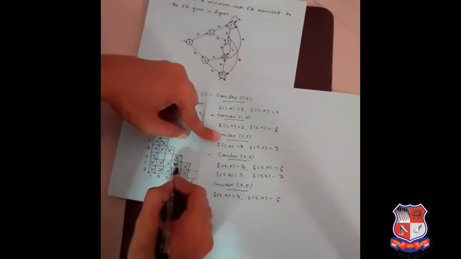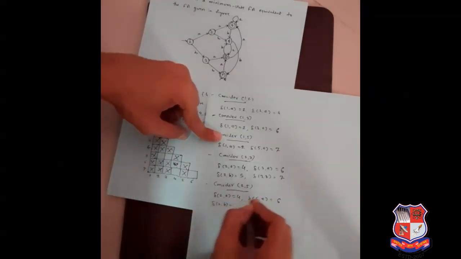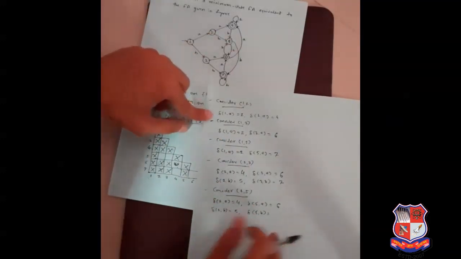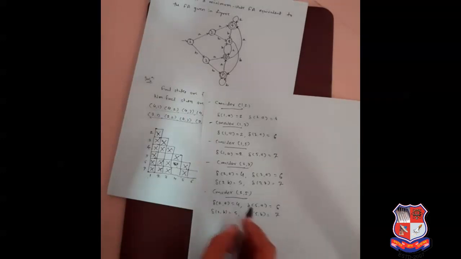This pair is unmarked, so we can move towards the B transition. Delta of 2 to B and delta of 5 to B: 2 to B is 5 and 5 to B is 7. So here 5 7. 5 7 is already crossed, so we can cross this 2 5 pair.